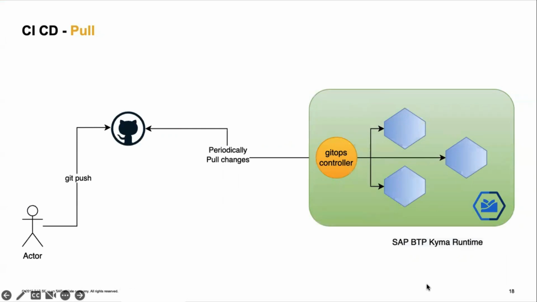So whenever you do a new commit and a push, and with its periodic interval, if it detects that there is a change, it will fetch those changes, it will pull those changes, and then it will apply it on your Kyma runtime.